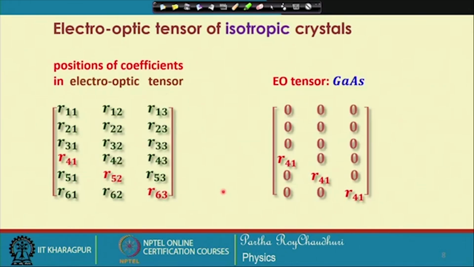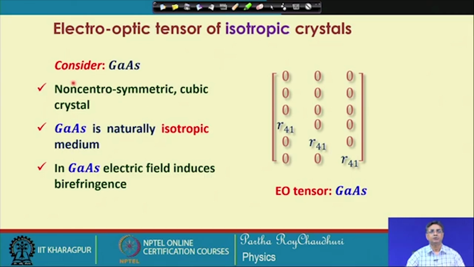So, we have this tensor which reduces to this form, R41, R41 and R41, and all other elements are 0. We need this tensor in terms of the values to evaluate the induced birefringence, the new refractive indices in the principal axis system, and we will use that for gallium arsenide, which is a non-centrosymmetric cubic crystal.